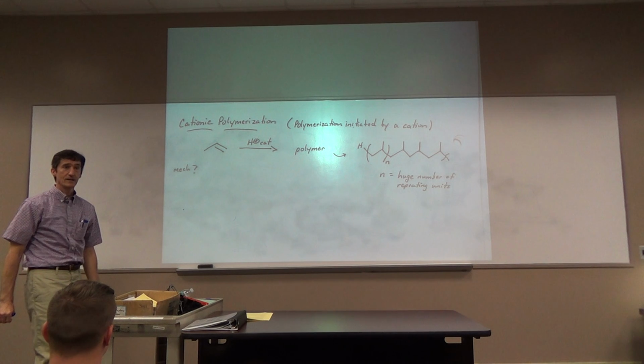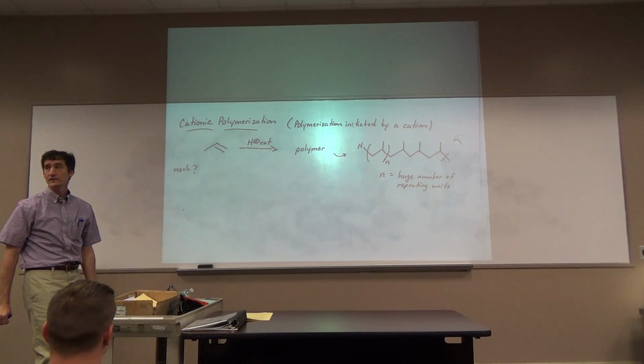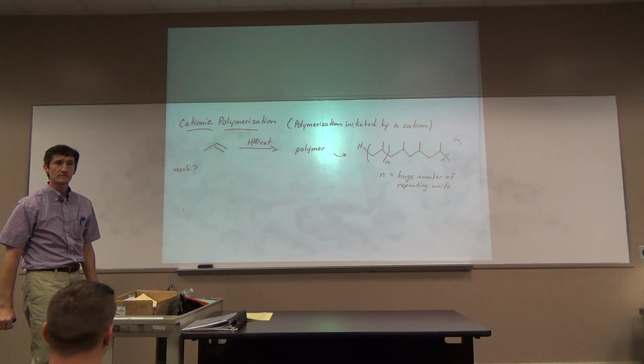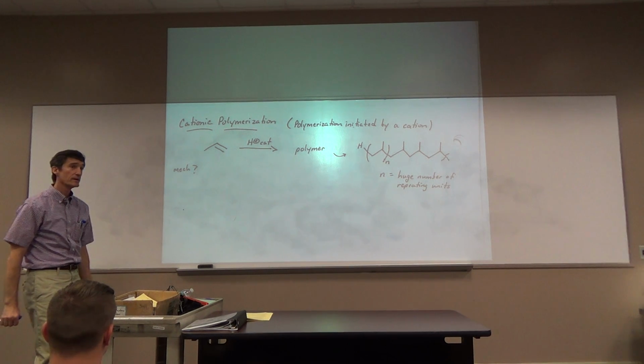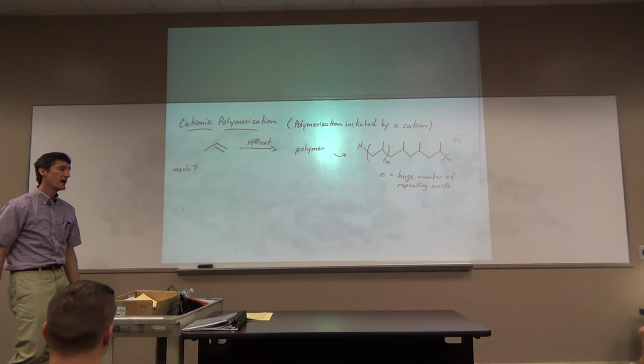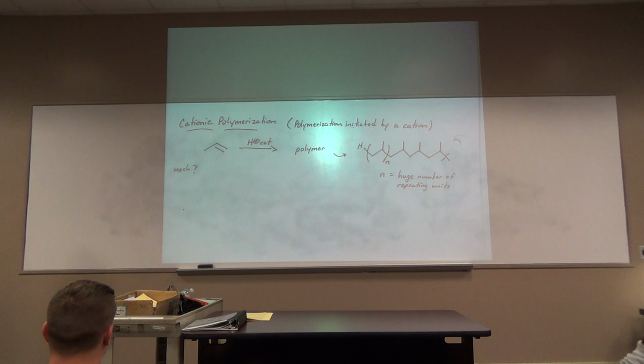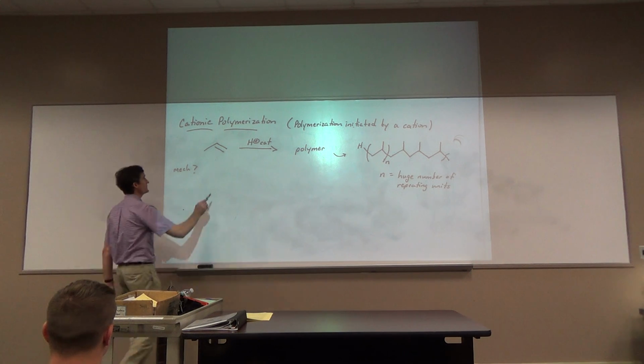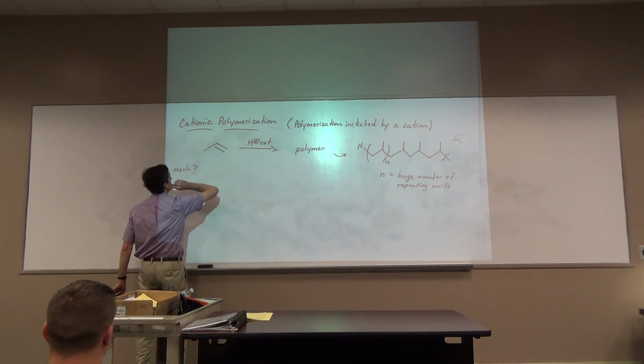It's plastic, but usually a very nice plastic, thicker and more transparent, and those could be some higher end polymers. We'll see a variety of polymers as we go along. This is called a cationic polymerization.